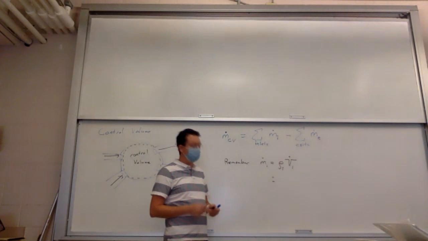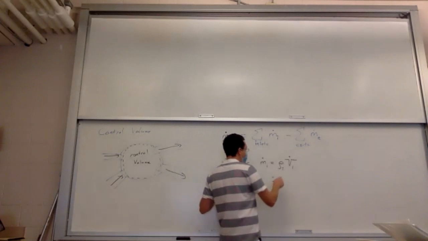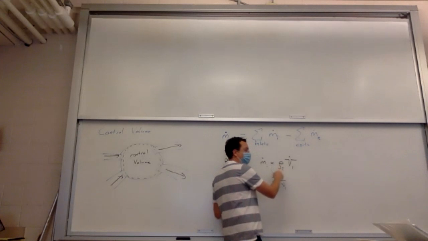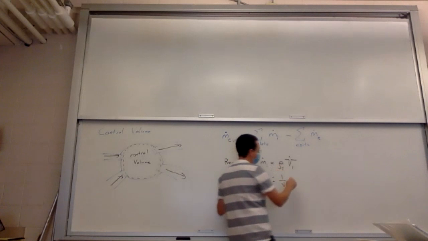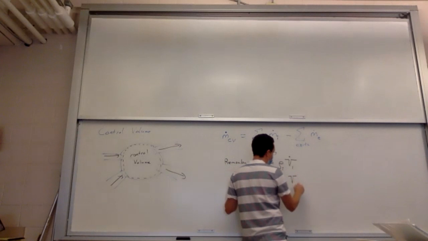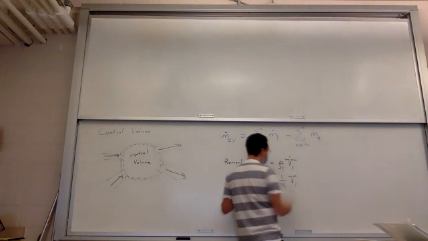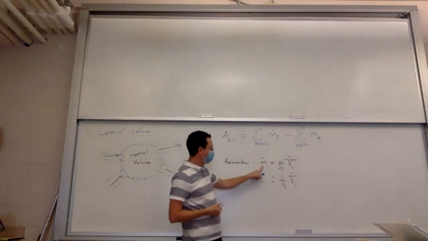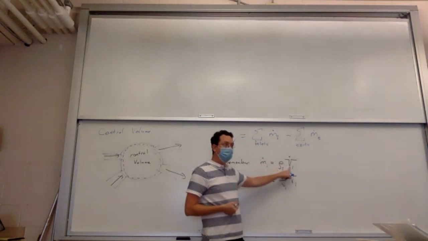Which specific quantity is related to density? A very simple way. Remember, density is 1 over specific volume. Right? Density is mass per volume. Specific volume is volume per mass. Okay, so this is another way done. So this is the mass flow rate. This is the volume flow rate.